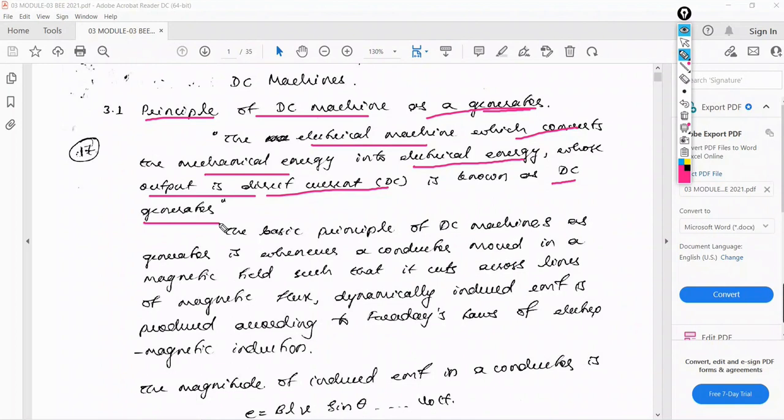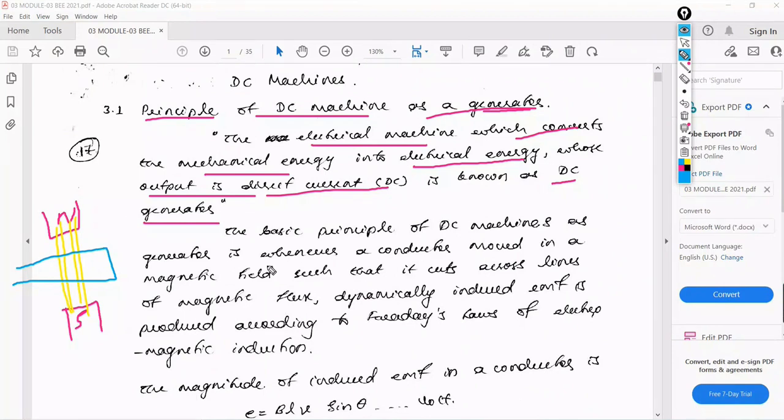Then what is the working principle of the DC generator? I already explained in the previous class, that is electromagnetic induction. If there are two poles N and S, they cause the magnetic flux. Whenever a conductor rotates in this magnetic field, the flux cut by the conductor will cause the induced EMF.